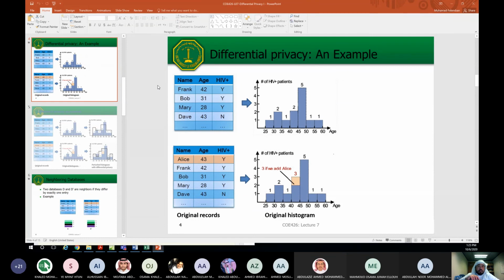Apple is using differential privacy to collect the usage of emojis on iPhone keyboards, right? For example, they wanted to print a frequency histogram, where on the x-axis they have the emojis. Which one is used more frequently?